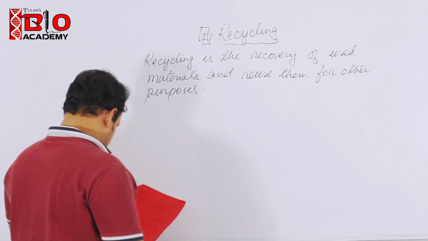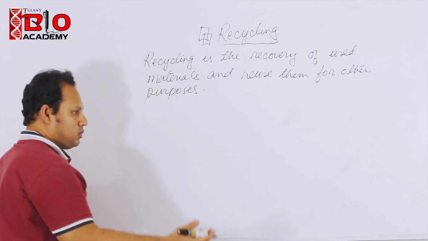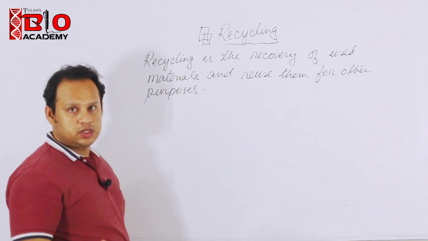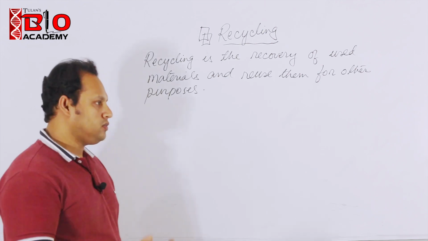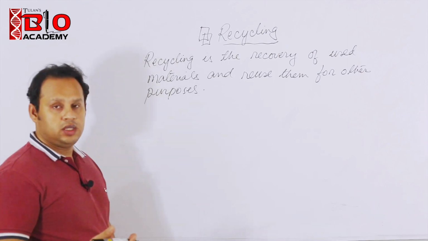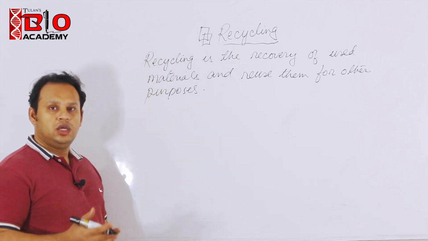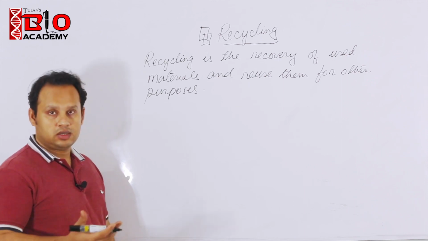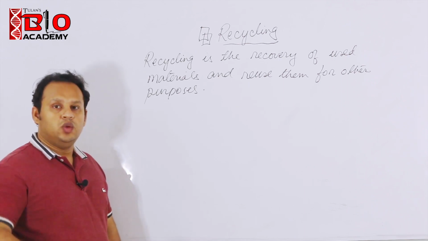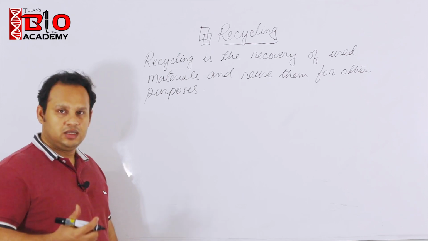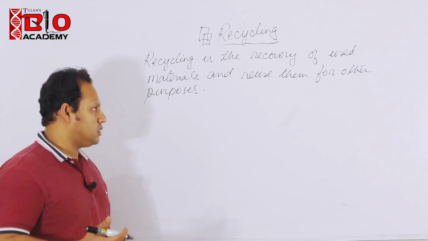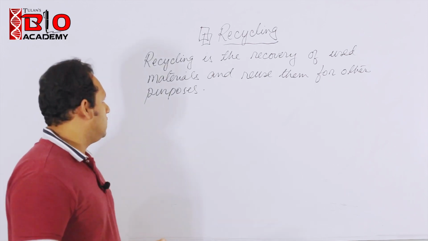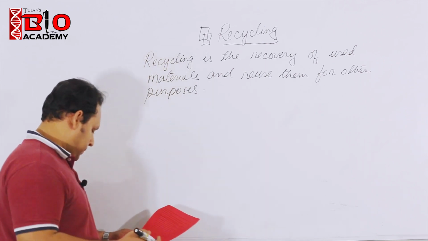So for example, paper obviously is recycled these days, and we use recycling processes for glass. Glass can be recycled. Aluminum cans or tin or aluminum can be recycled, or other metal objects can be recycled.